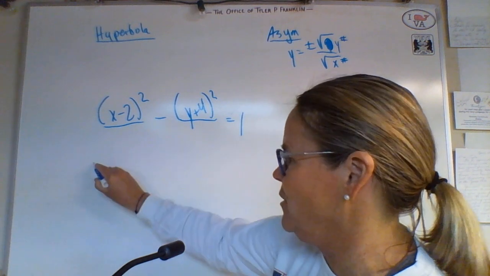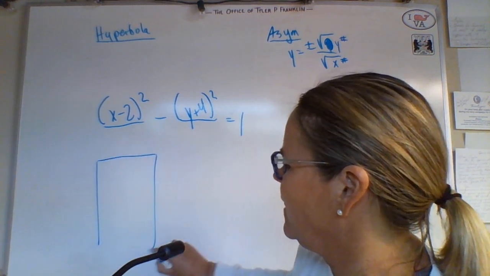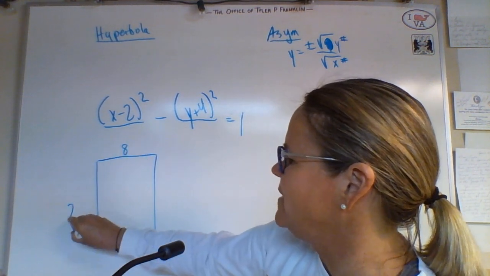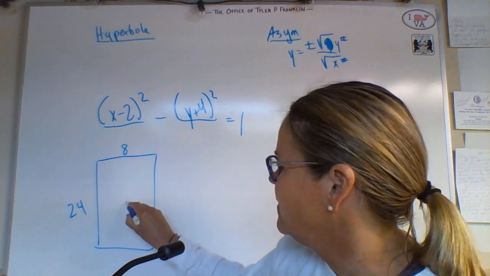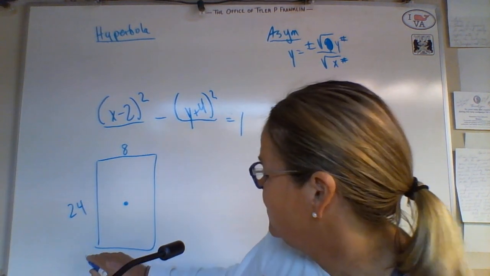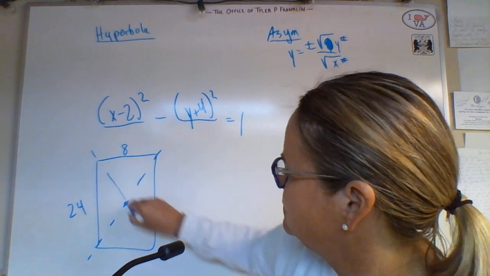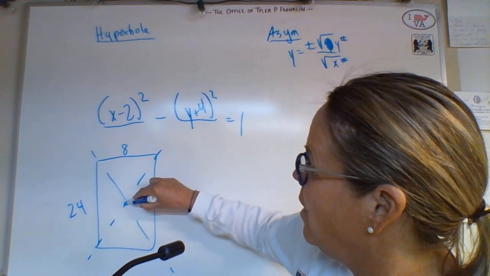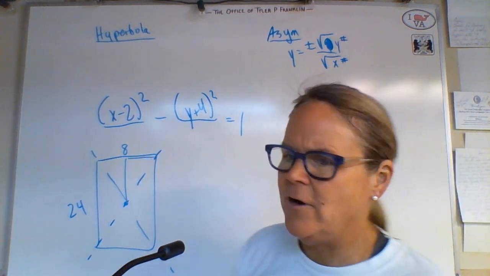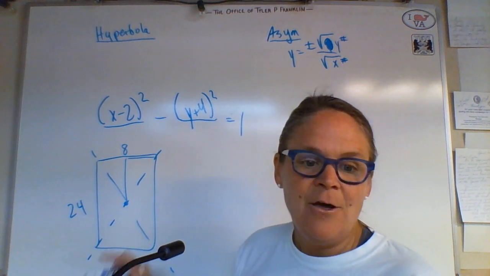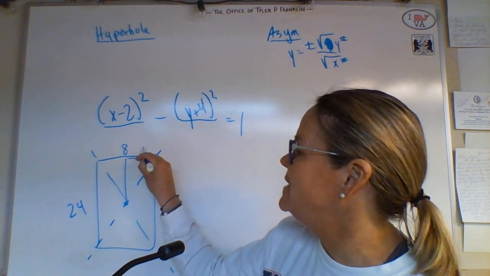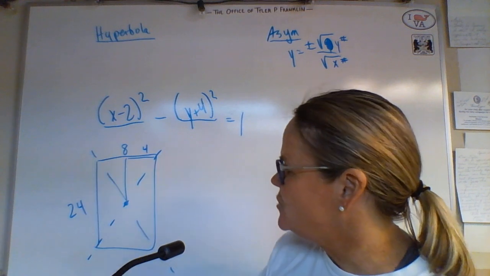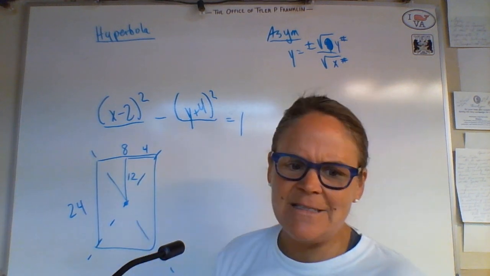Those are the asymptotes. So if that's 8 wide and that's 24 tall, the center's in there. So you want to think, well, how much did I go up and over to get that? Well, if that's 8, that means that's 4. If that's 24, that means that's 12.